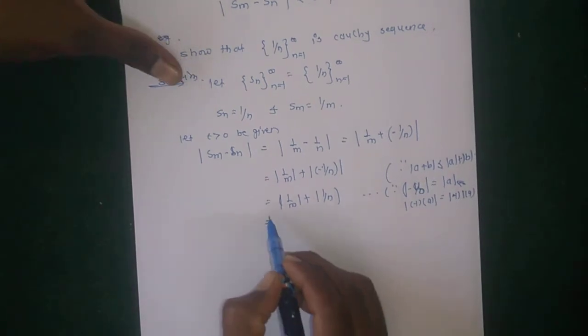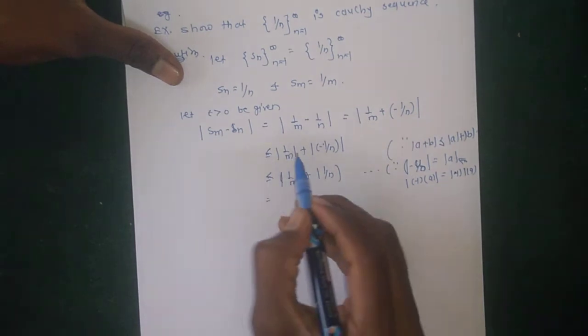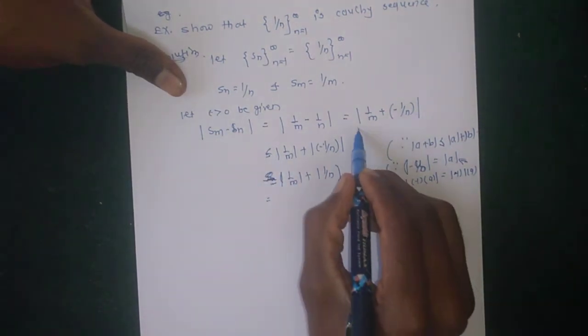In this way, this is less than or equal to the right-hand term.